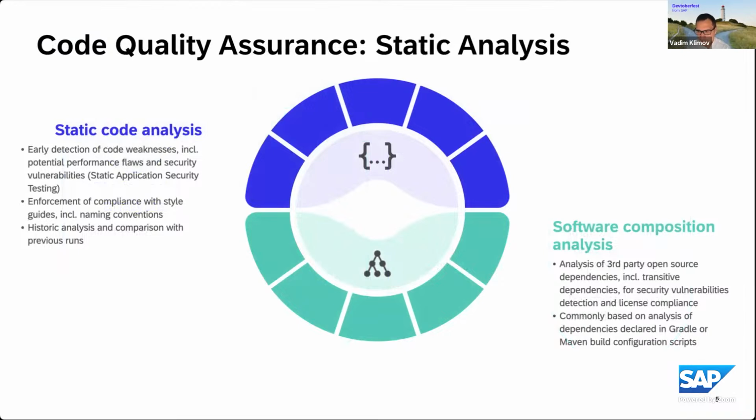And this is where tools like Gradle and Maven, which are originally Java build configuration tools, become handy. So when we use these tools, we define the dependencies that we intend to use in the project, and then the software composition analysis tools scan these dependencies and compose the tree of those dependencies. They expand dependencies so that we can see what transitive dependencies were used.